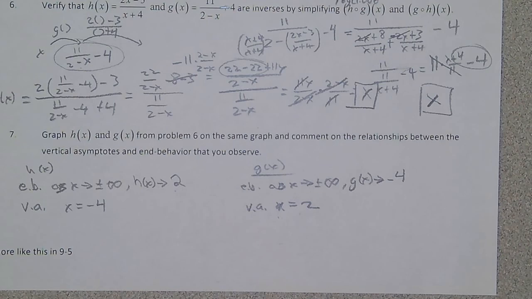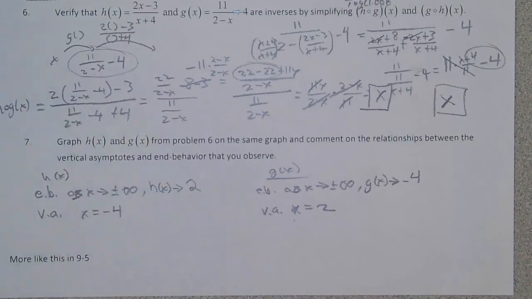And the range of the h of x was that y could not equal 2. So consistent with all of that swapping. In fact, if I looked here real quick at g of h of x, I see that I get the line y equals x, which is characteristic of inverse functions as well. Okay. So jumping back in there, I believe we are done with that one.